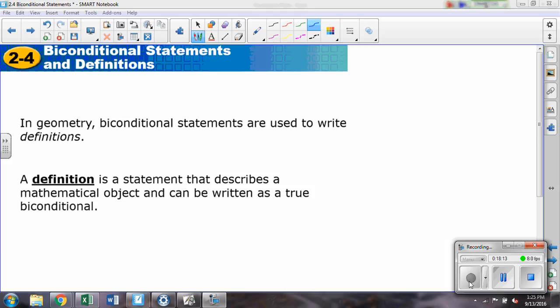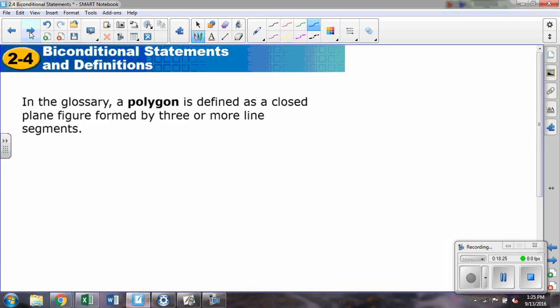Now, I'd like to reemphasize, definitions, whenever we encounter them throughout the rest of the year, definitions are always biconditionals. And so, one example of a definition, a polygon is a closed plane figure formed by 3 or more line segments.